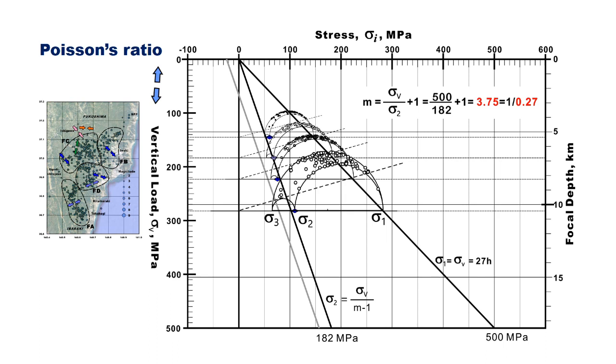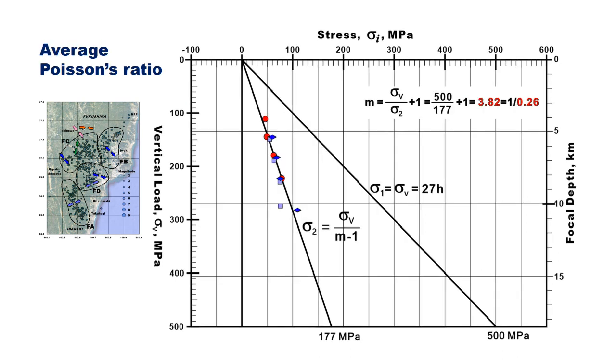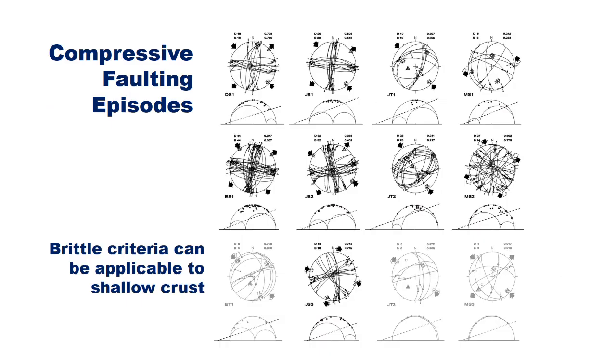In cluster D, the Poisson ratio is 0.225. The average Poisson ratio can be determined as 0.2726.